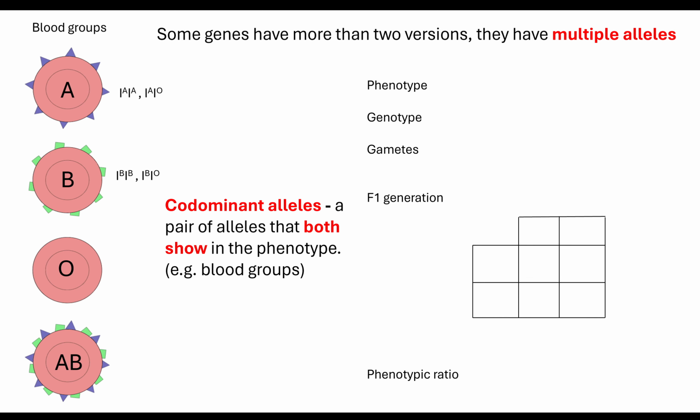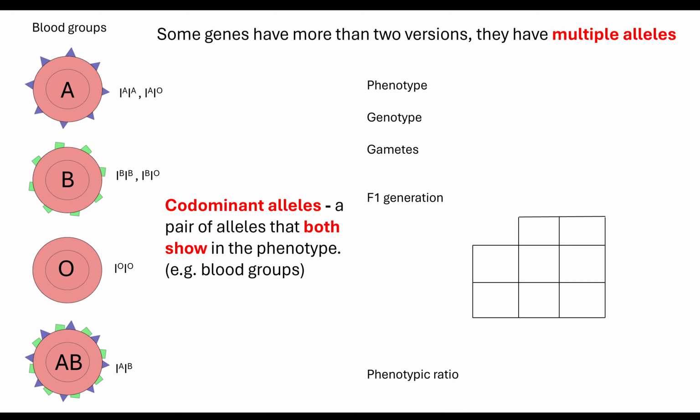If you are blood group B, same scenario, you can be homozygous dominant, or heterozygous. If you are blood group O, you are homozygous recessive, so O is the recessive allele. A and B are as dominant as each other. They show codominance. If someone inherits allele A and allele B, they will have the phenotype of blood group AB.